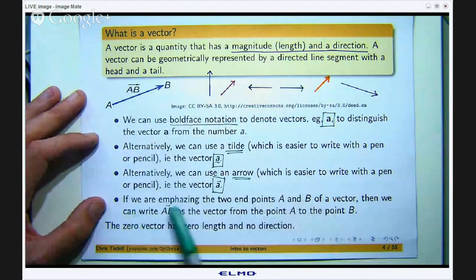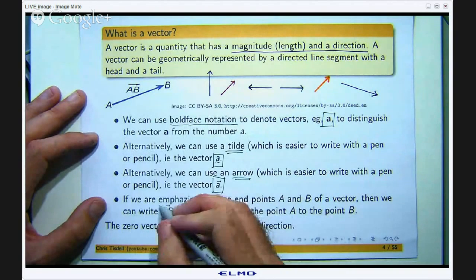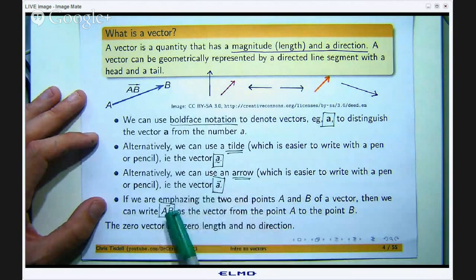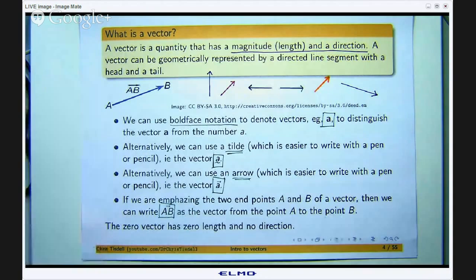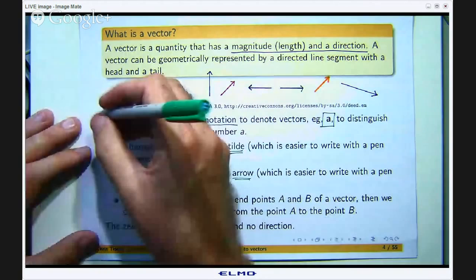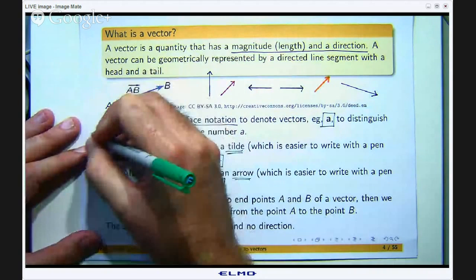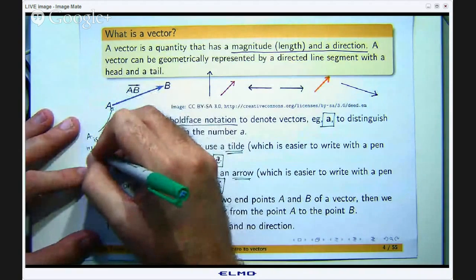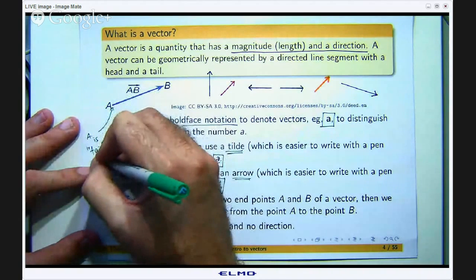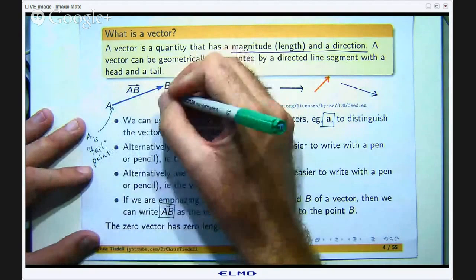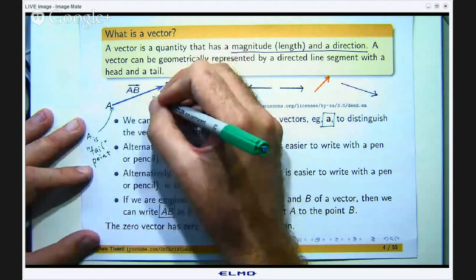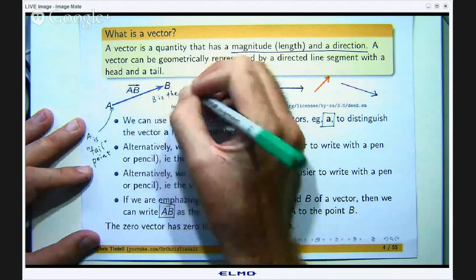If we're emphasizing the two endpoints, A and B, of a vector, then we can write this notation here, AB, with an arrow to signify the vector from the point A to the point B. Now, you'll see in this picture up here, A is what I call the tail point, and B is the head point.